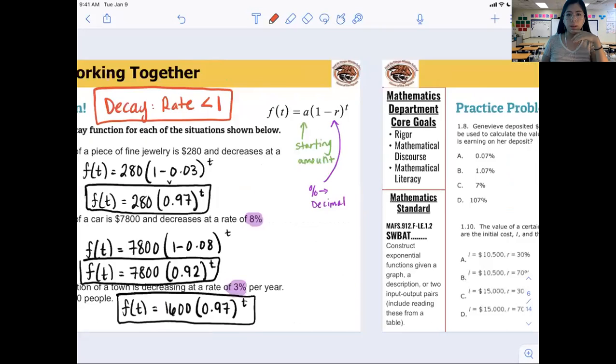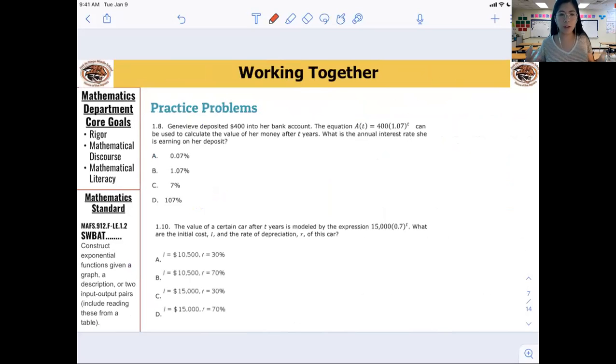Cool. Okay, here's a couple more of what you might see on a test. So go ahead and take a look. Let's start with just example number 1, and I want to do this as a poll. I'll read number 1 and then go ahead and answer it as best as you can. Genevieve deposited $400 into her bank account. The equation A of t equals 400 times 1.07 to the power of t can be used to calculate the value of her money after t years. What is the annual interest rate she is earning on her deposit?